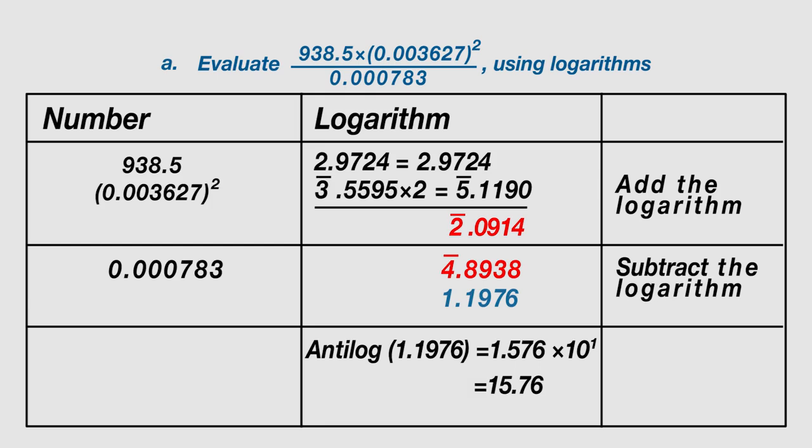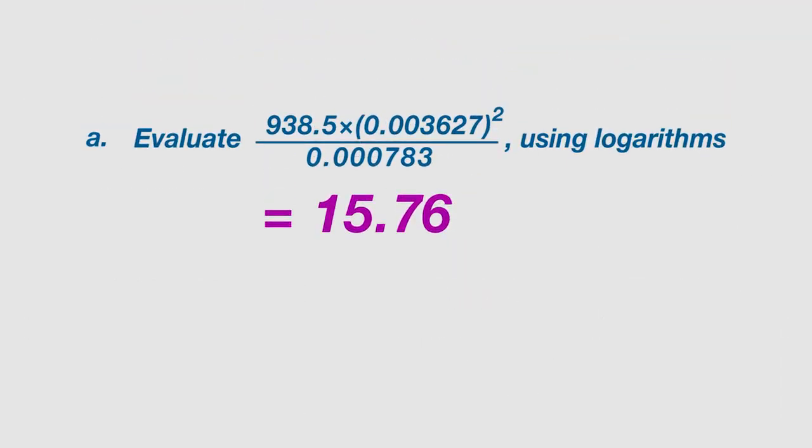And therefore, we are saying 938.5 times 0.003627 raised to the power 2, all divided by 0.000783 is equal to 15.76.